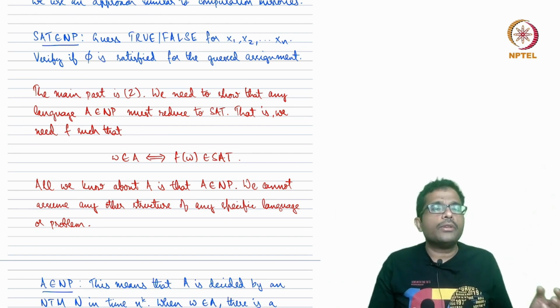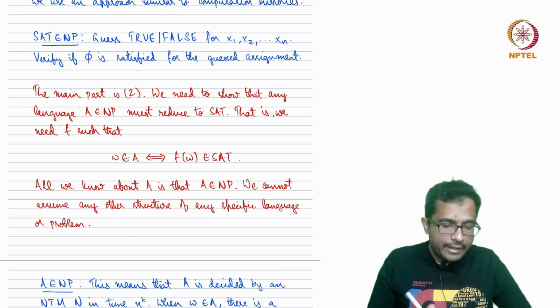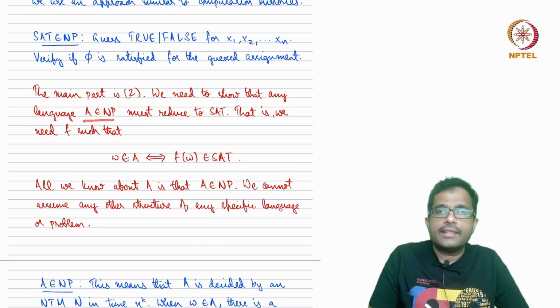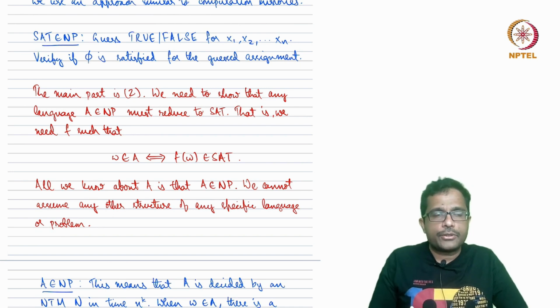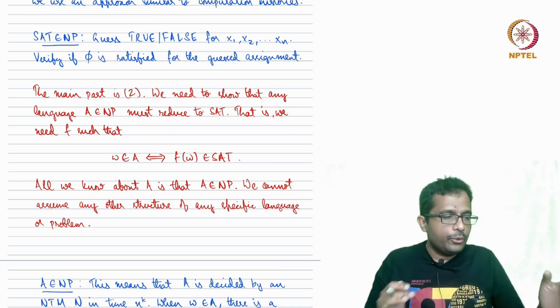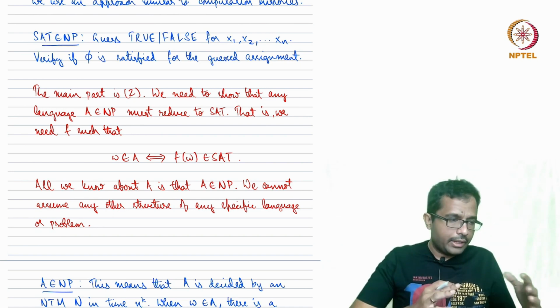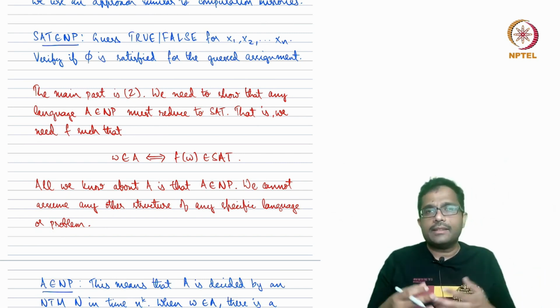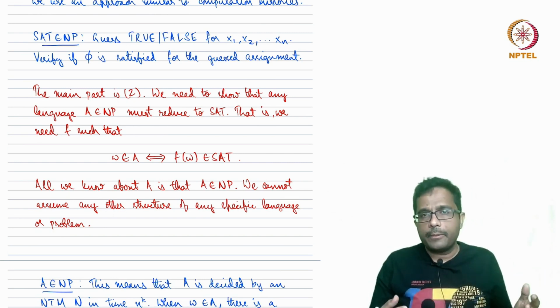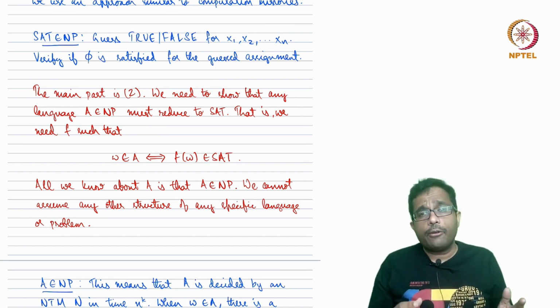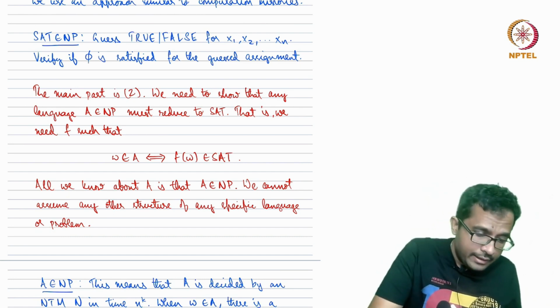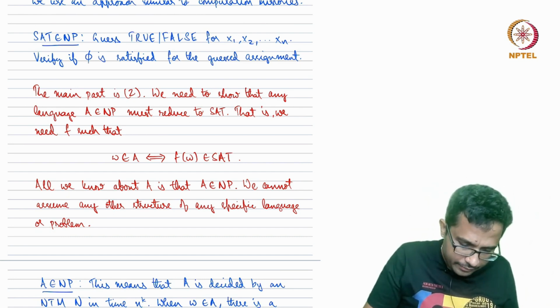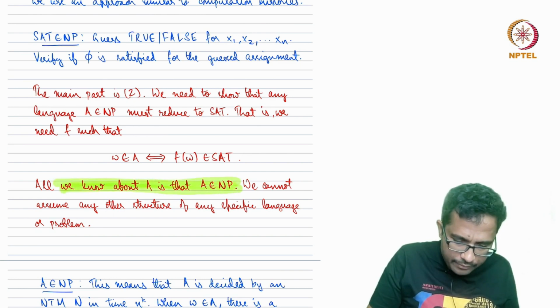The only thing that we know about A is that A is in NP. If we knew something about the language A, then we could use its structure to build the reduction. But here we have no information about A. The only information that we have is that A is in NP.